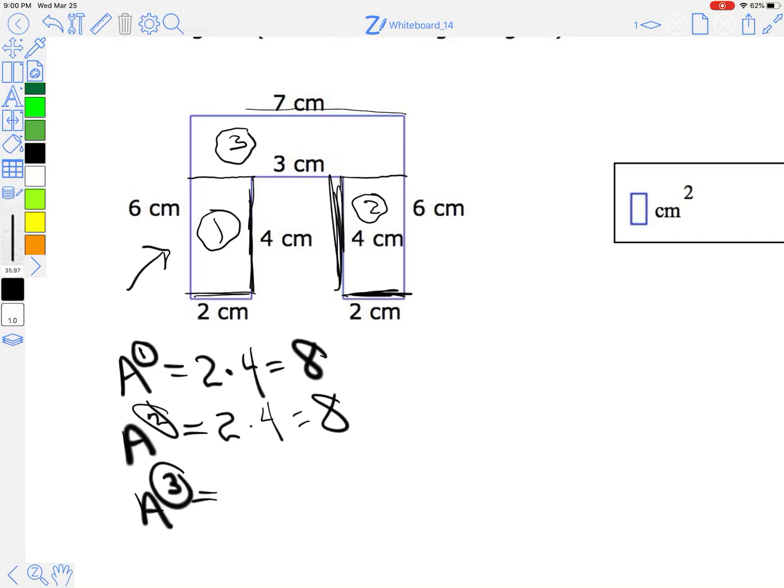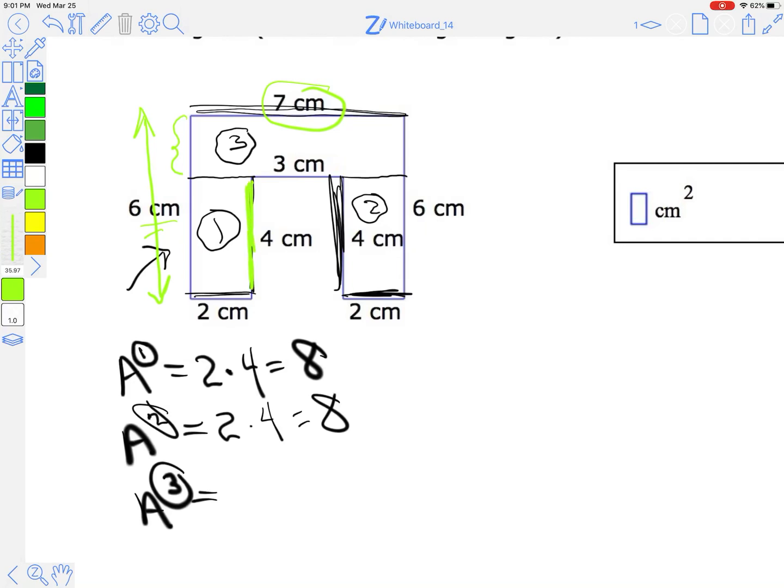I know that the whole side is 7. Okay? That whole side is 7. And I've got to figure out this little part right here. Well, I know the whole side is 6. All the way up and down there is 6.